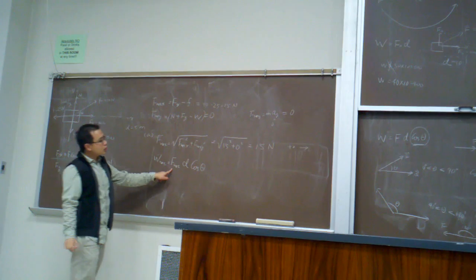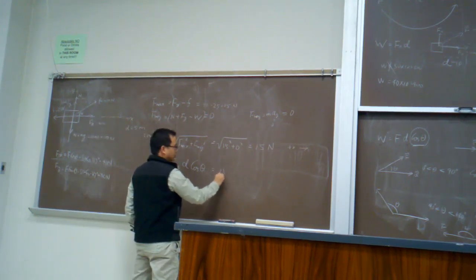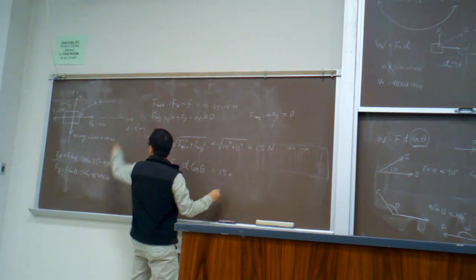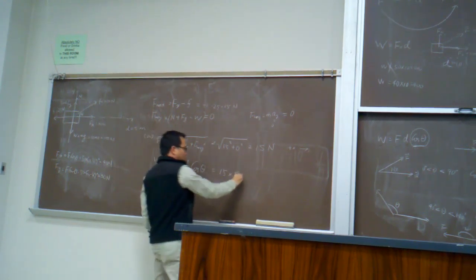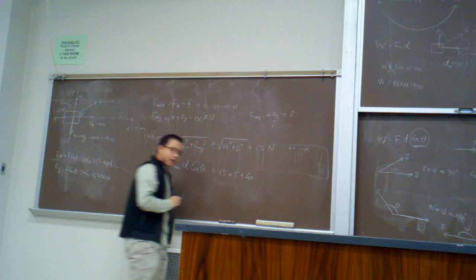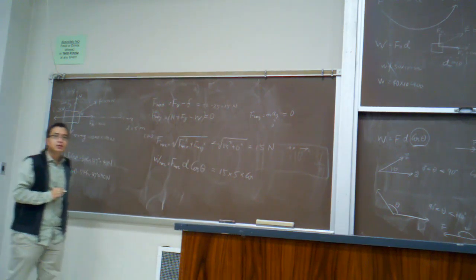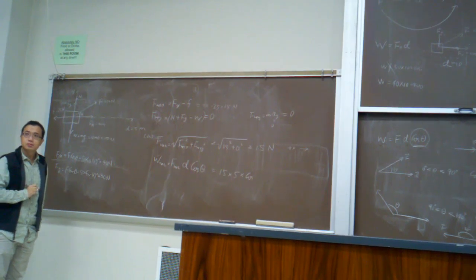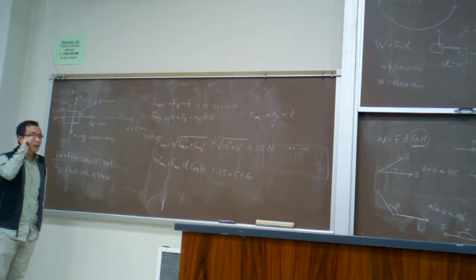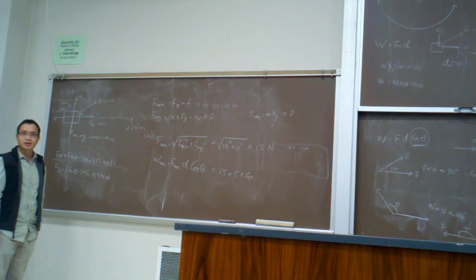So net force equals 15. Distance is given, 5 meters, right? Multiplied by cosine. What is the angle theta here? Is it 36.9 degrees?